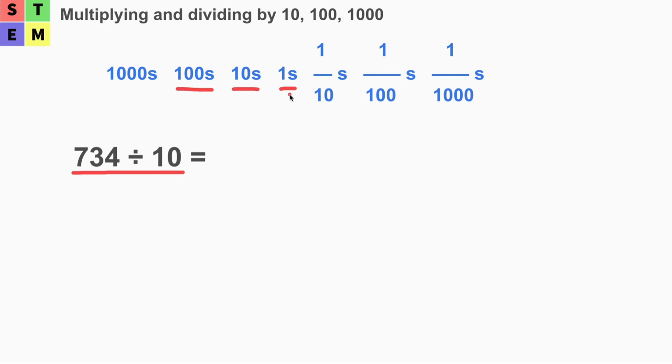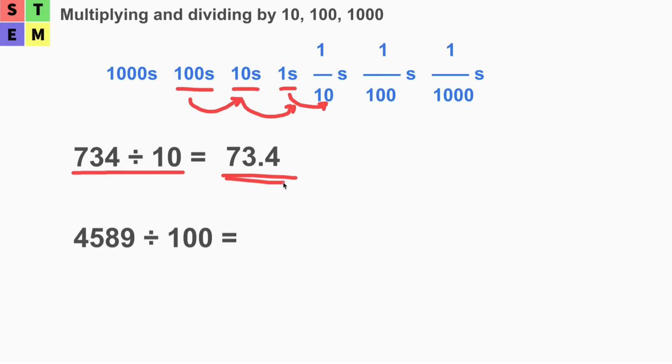So 4 becomes what? 10ths, right? And 3 becomes 1st place. Okay, and 7 goes to 10th place. Okay, so in the end we have 73.4.